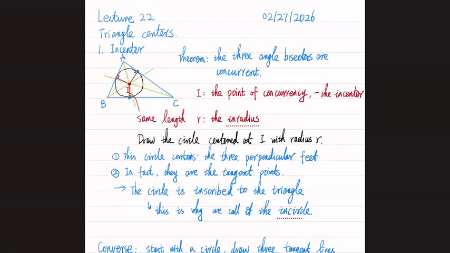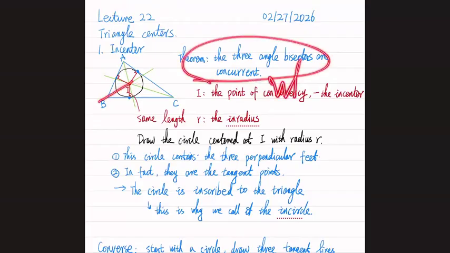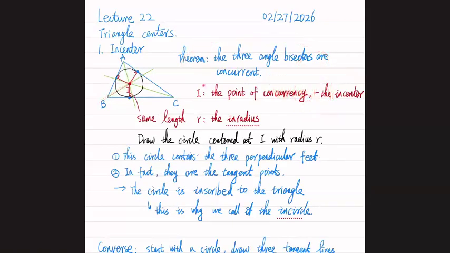How did we prove them? Fred, any memory about this? Why are they concurrent? Jessica, what about you? Do you remember the proof?